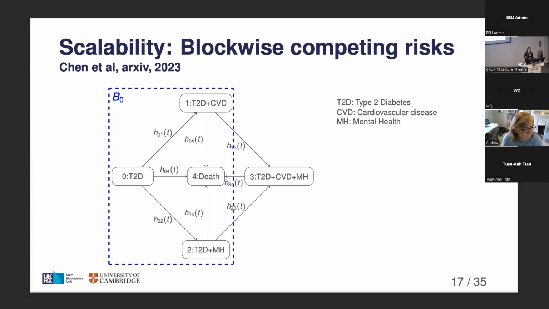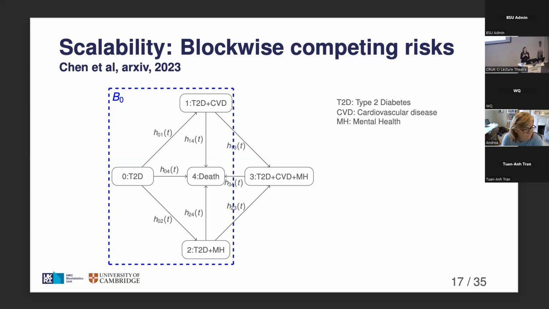The first approach he thought about was to use what we're calling blockwise competing risks. So instead of fitting the full joint multi-state model, he's fitting the model in blocks, where each block is defined by the state. Here we have block 0 for state 0, with the competing risks that are the transitions coming out of state 0.